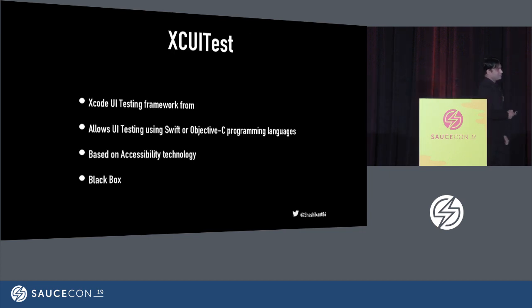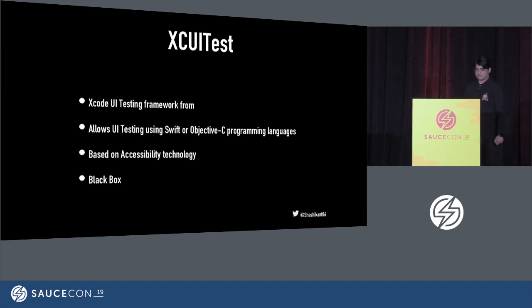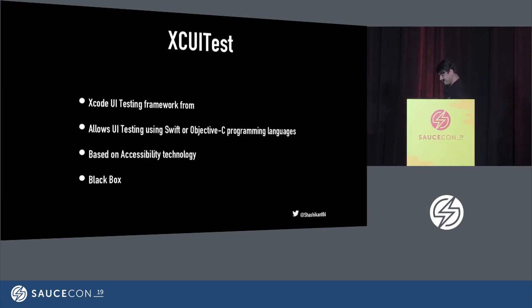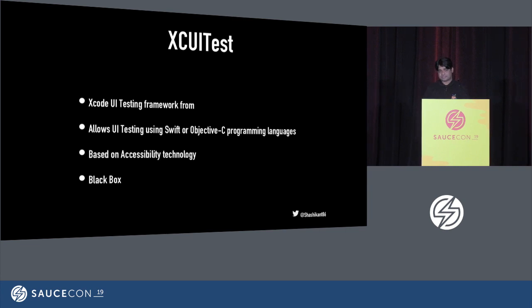Let's not jump to the conclusion. Let's change gear and talk about what XCUITest is. XCUITest, also known as Xcode UI Testing, is a framework launched by Apple in 2015 to solve the user interface testing problem so that we can write a test the way a real user does.